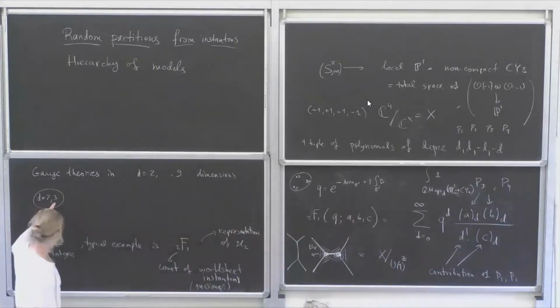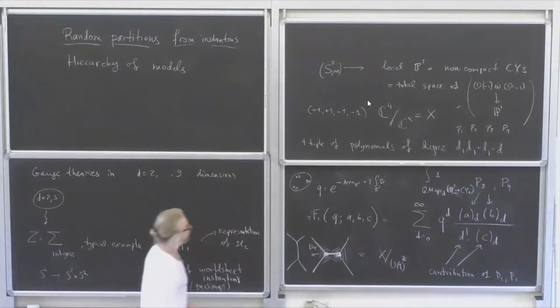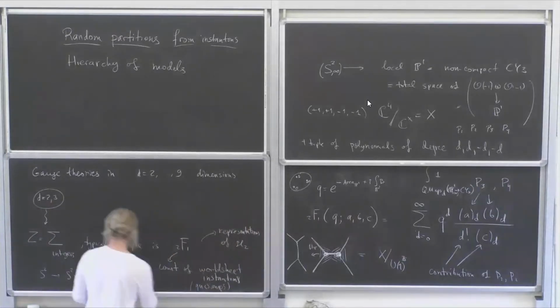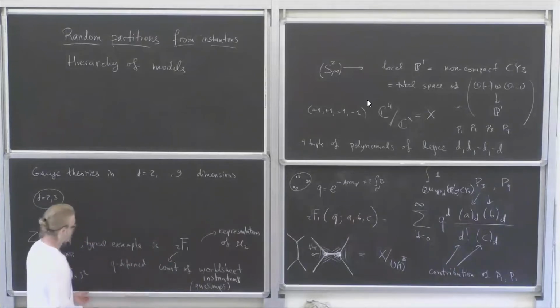So if instead of S2, you study a three-dimensional analogous theory, now compactified on S2 cross S1, that will lead to the Q-deformed hypergeometric functions and so on.